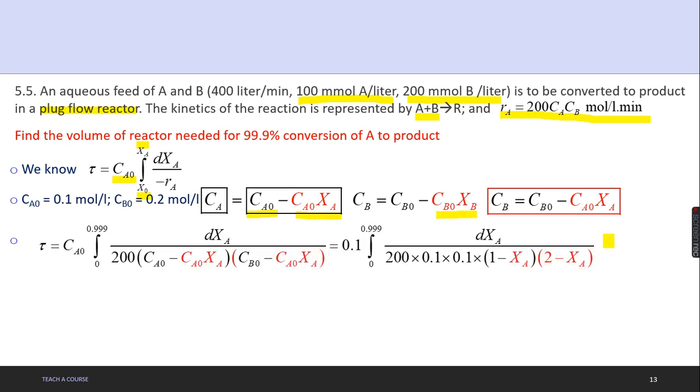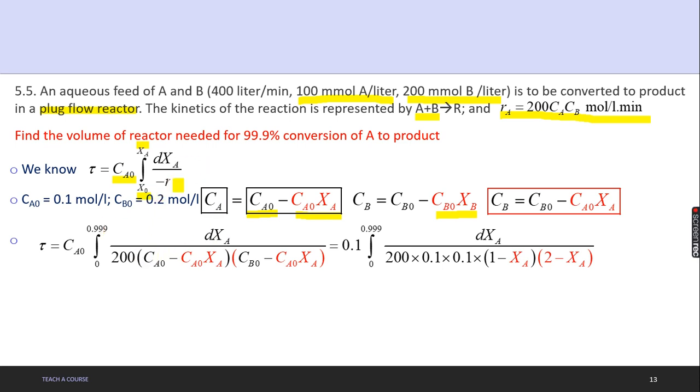Then our integration will be more straightforward, because tau equals Ca0 times the integral of dXa from conversion 0 to 0.999, the 99.9% conversion.